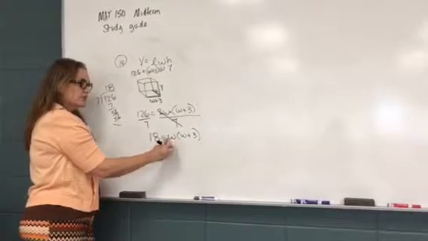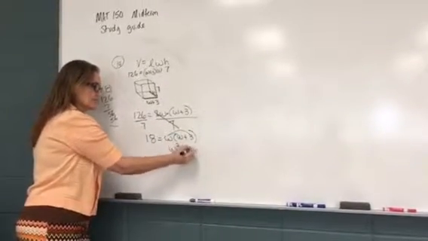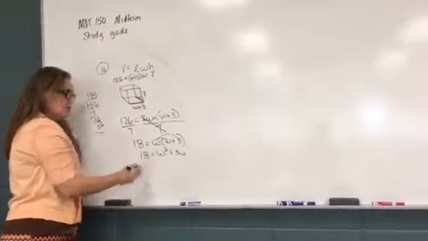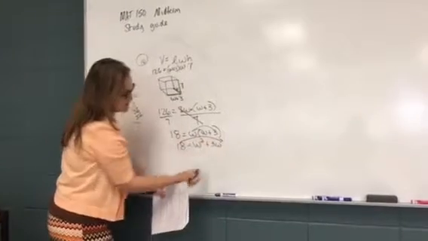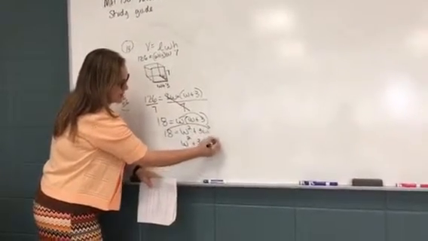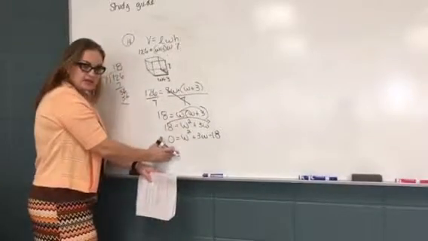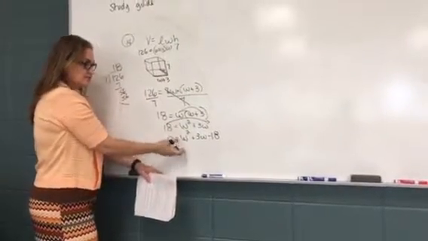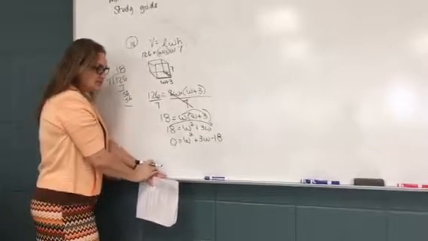It is going to be a quadratic when I distribute. So we know we solve quadratics by setting them equal to 0. So this 18 needs to cross over. So we'll have W squared plus 3W minus 18 equals 0. A quadratic in standard form. From there, some of you do the formula with A is 1, B is 3, C is negative 18.